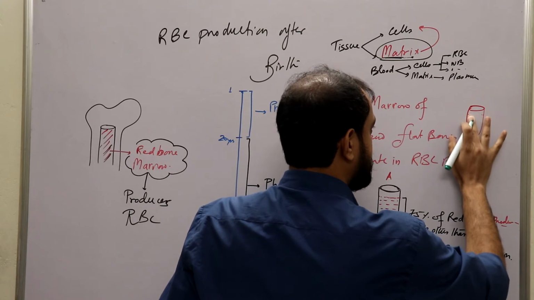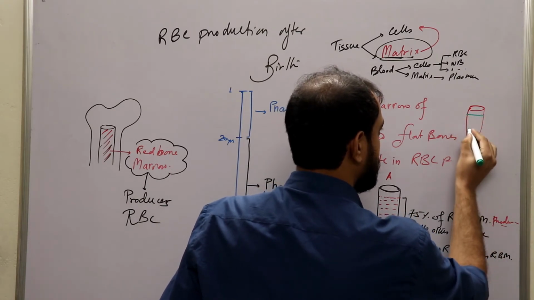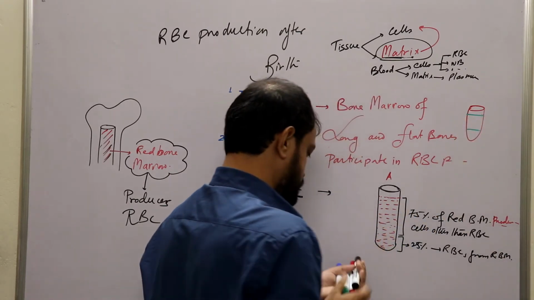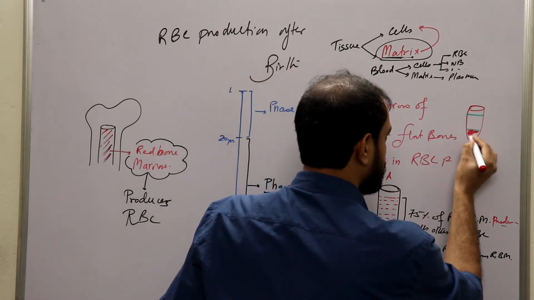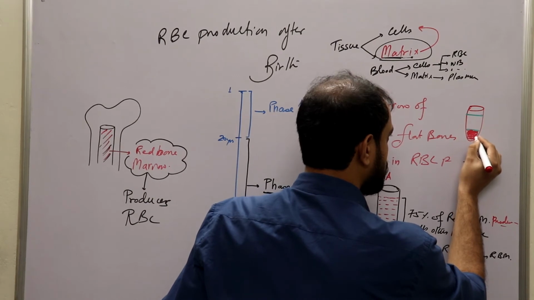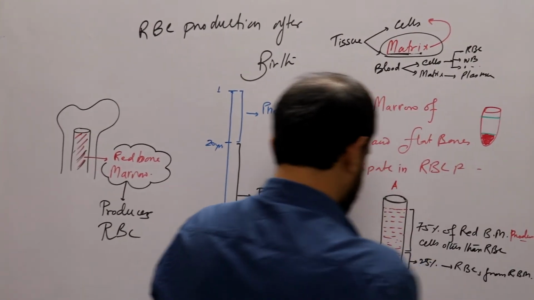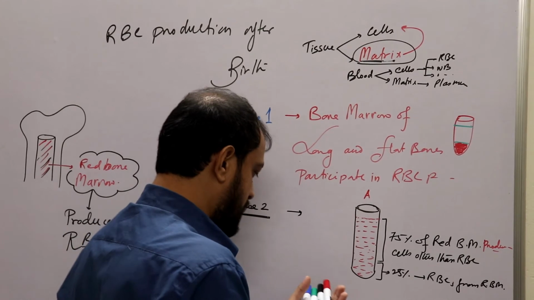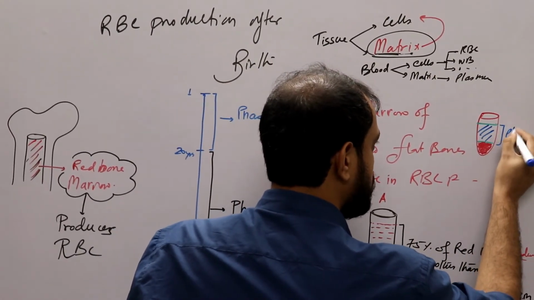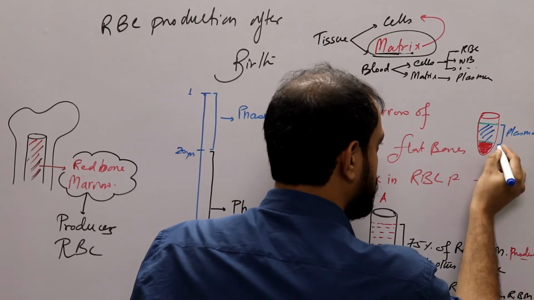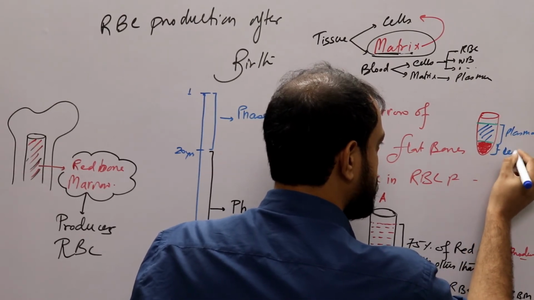I will get a clear distinction between this layer and this layer: this is the cells, which clump, and this is the clear plasma. So this is the plasma and this is the cells of blood.